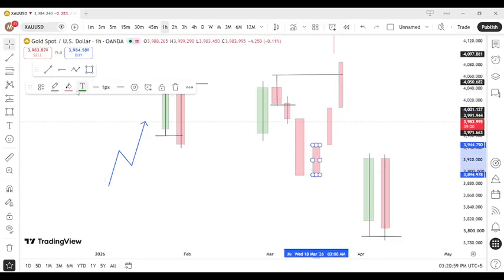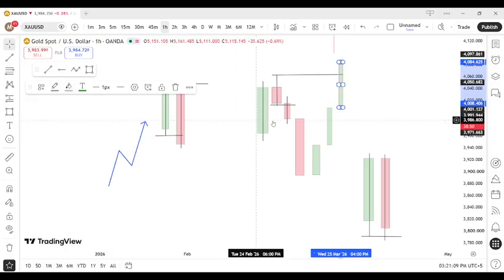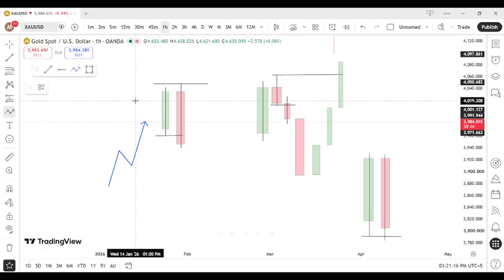These are green candles. I will make their color green. This is the structure high. The market was moving upward, making green candles this way.